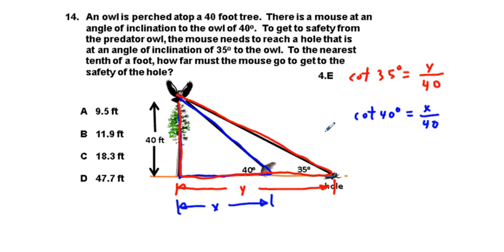And so we have y equal to 40 cotangent 35 degrees, and x is equal to 40 cotangent 40 degrees.